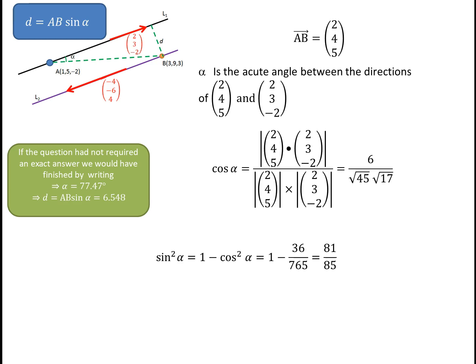We can certainly use the fraction facilities on our calculator to see that that simplifies down to 81/85. So sine alpha is going to be 9 over root 85. It can't be minus 9 over root 85 because alpha is an acute angle.